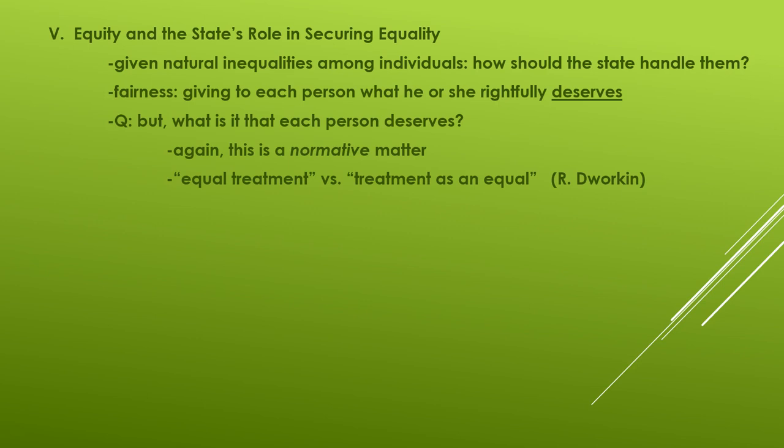What Dworkin argues is that that sounds good, but in practice, there are inequalities in people's lives, and the individual circumstances of the case might necessitate us adjusting the penalties to suit the particulars of the individual's life.